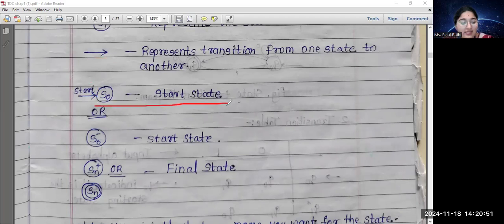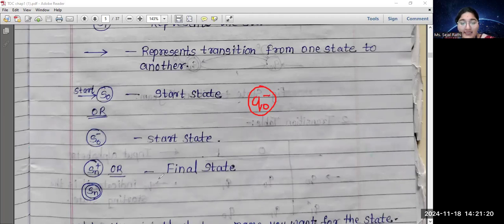We are showing it like this. Or you can show it in the circle, suppose Q0 or S0, with an arrow. This is also a start state.